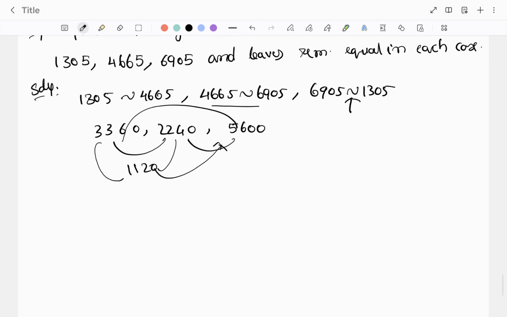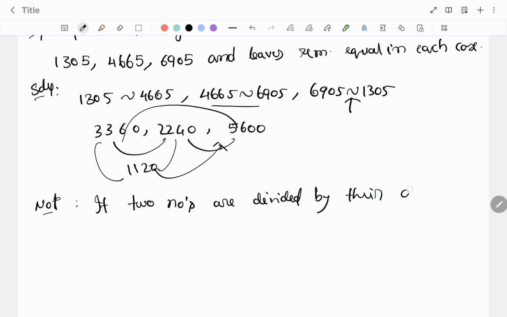By this we'll make a note. If two numbers are divided by, or out of three or four numbers given they ask what is the HCF, then we will go with any two numbers, divided by their difference or a factor of their difference.